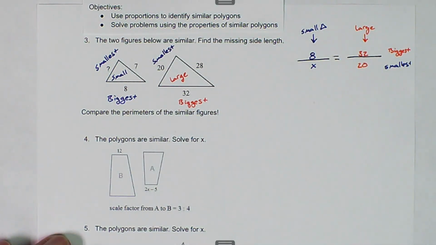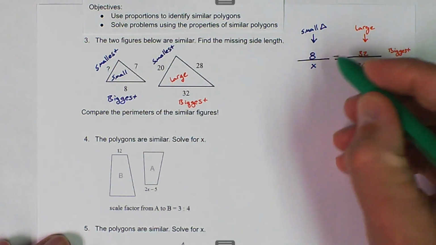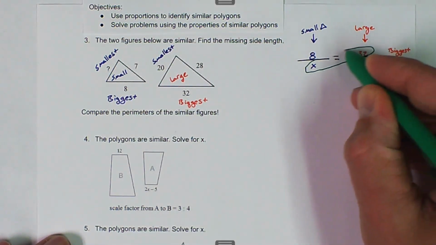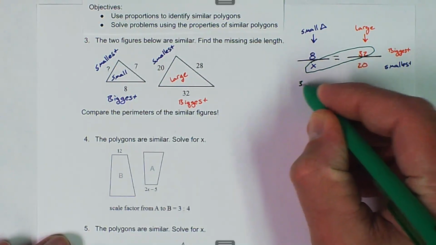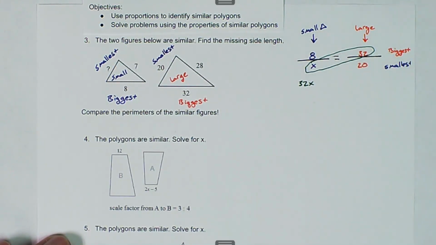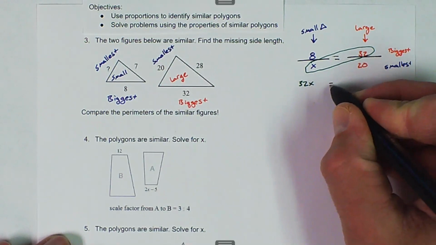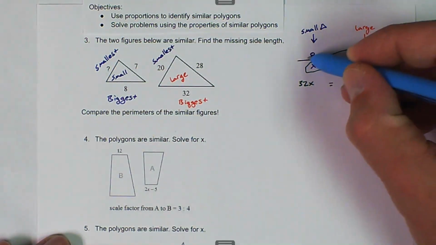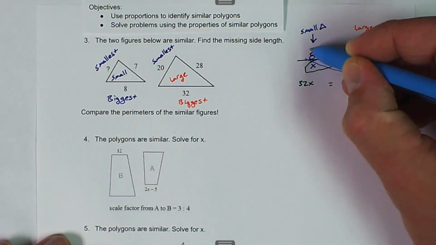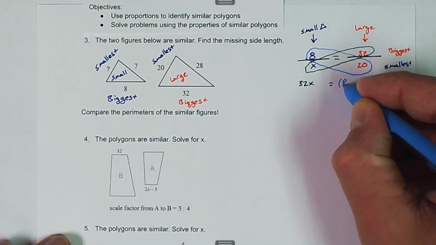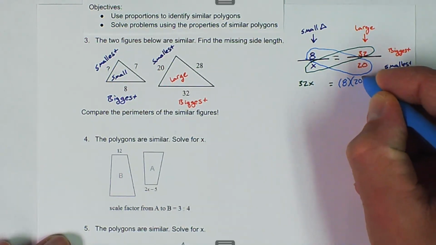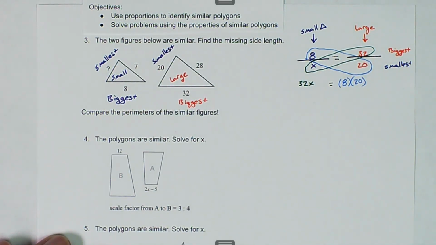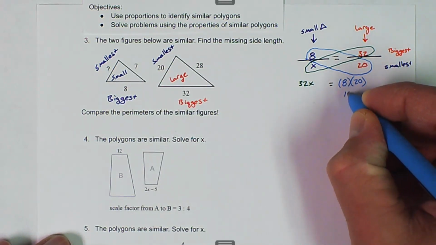And again, we're going to use our means and extremes. So all we do is we take 32 times x, and we're going to set that equal to 8 times 20. And 8 times 20 is 160.